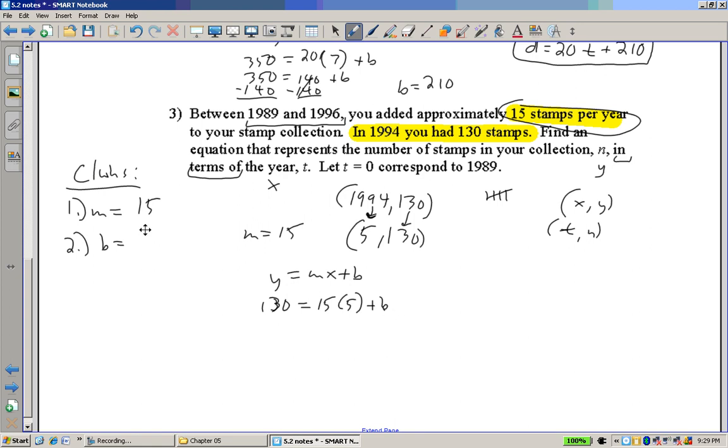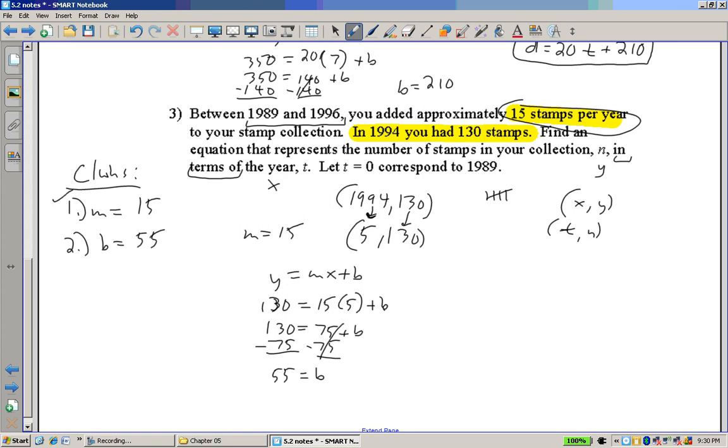We're going to solve for b so I can get my second major clue. 5 times 10 is 50. 5 times 5 is 25. 50 plus 25 is 75. So we're going to subtract 75 from both sides. 130 minus 75 is 55. Yep, b equals 55.